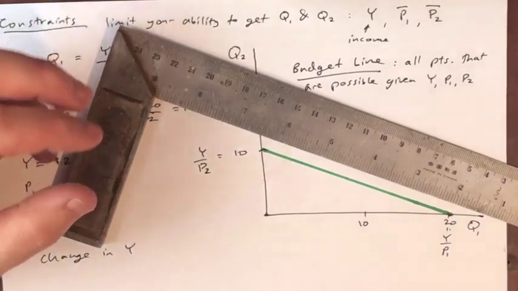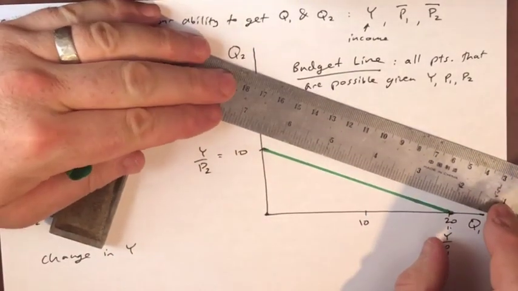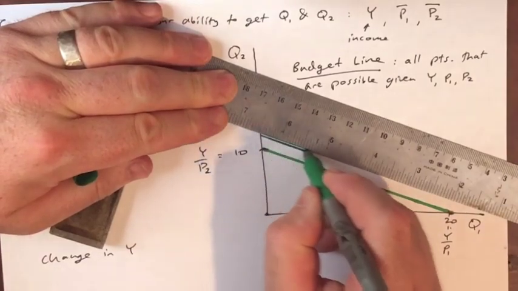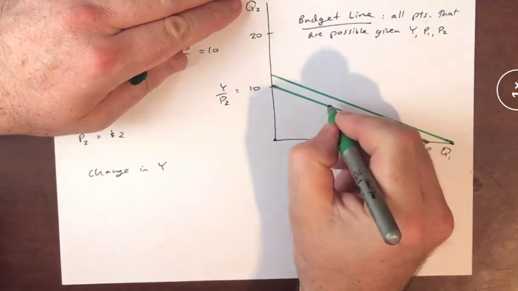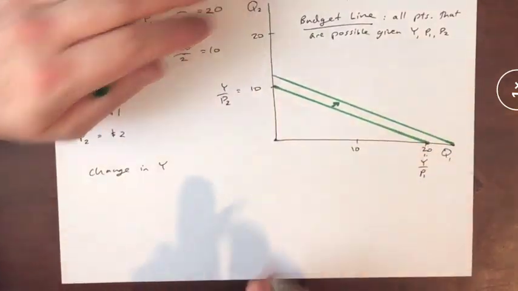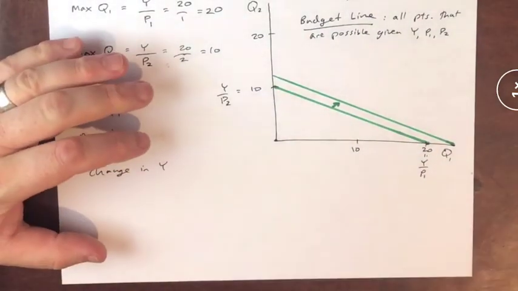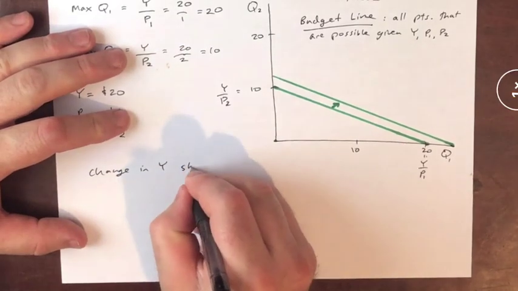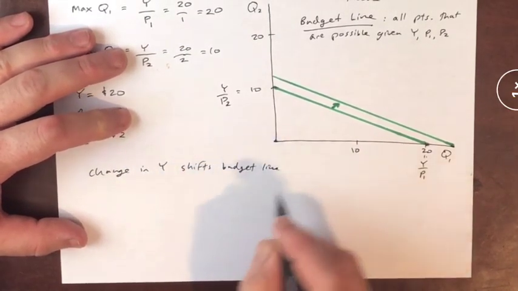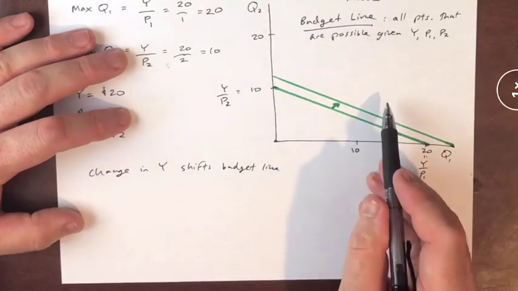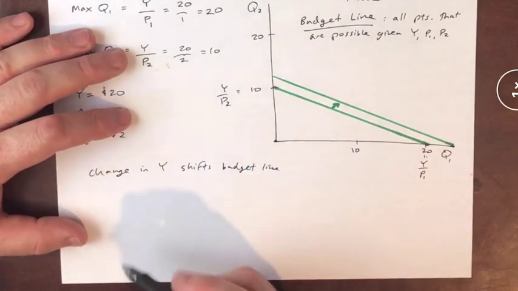Okay, so change in income shifts the budget line. If it's an increase in income, it shifts it out. If it's a decrease, it shifts it in.